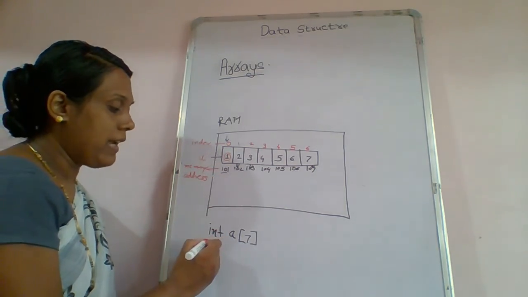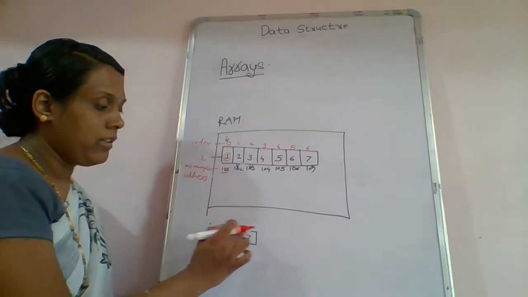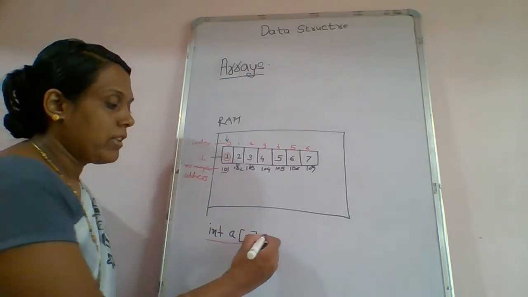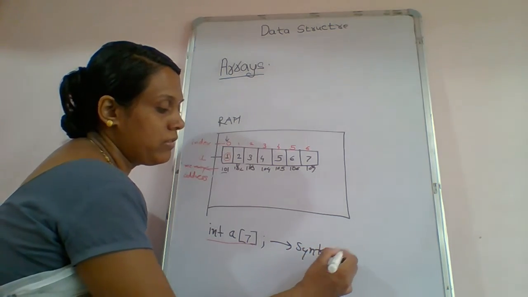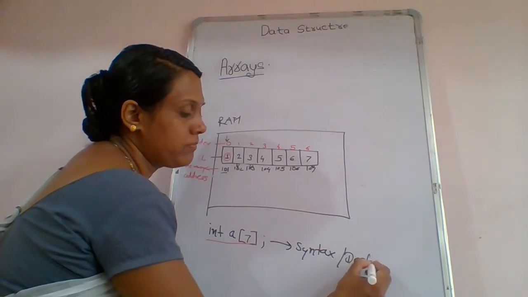So we declare this array as int a with size 7. This is called the syntax or declaration of the array.